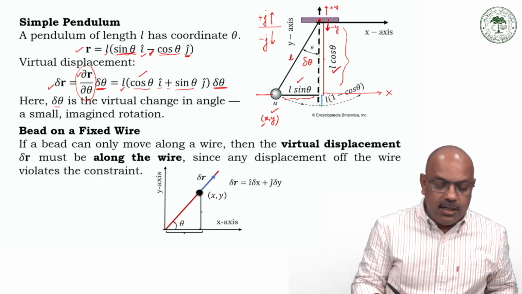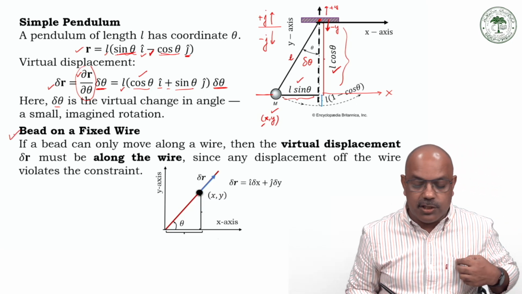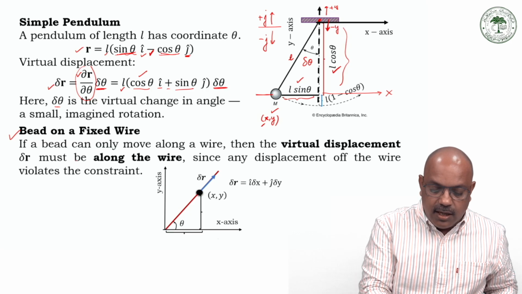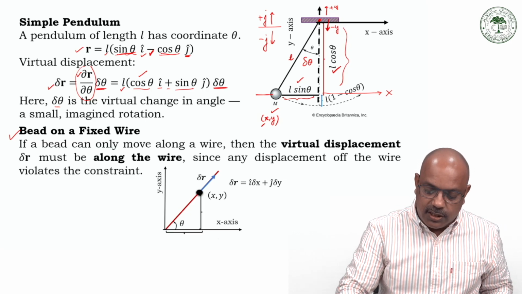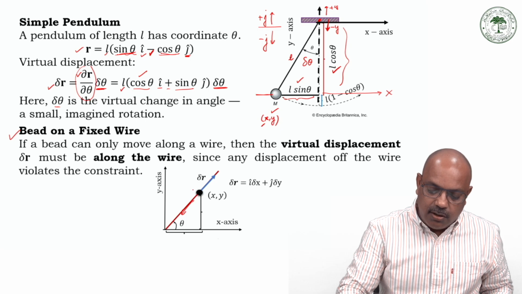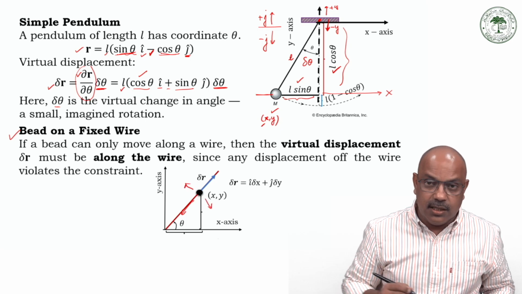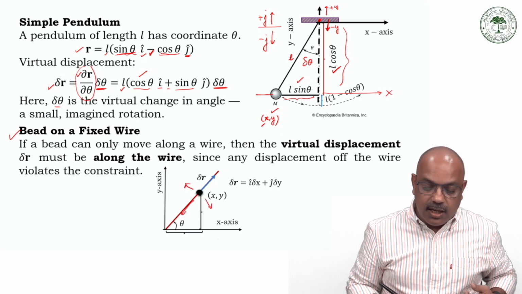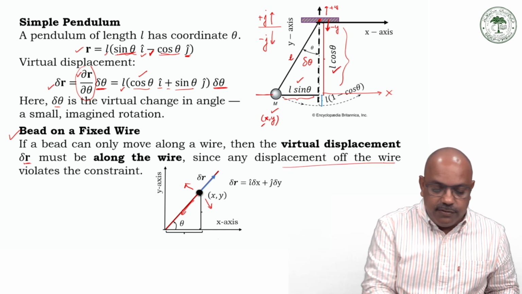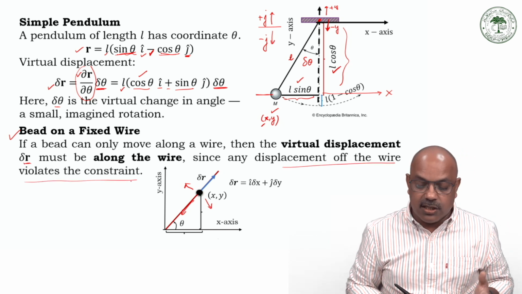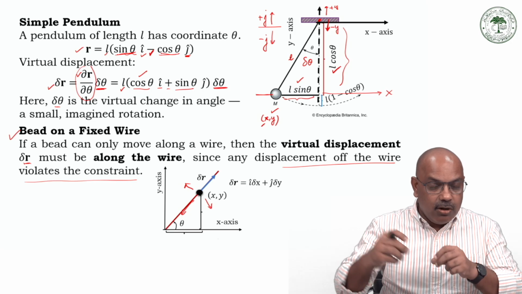And the second example is a bead on a fixed wire. A bead can move only along this wire; the bead has to be along this wire only. The bead cannot go to this side or that side. Why? Because the delta r must be along the wire, since a displacement off the wire violates the constraint, because the bead has to be along the wire.